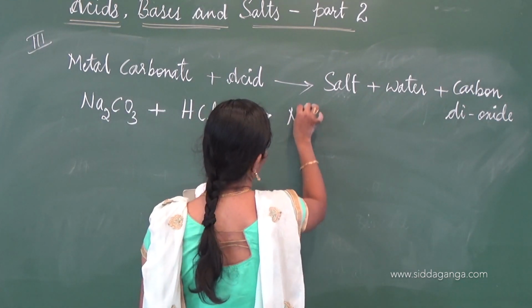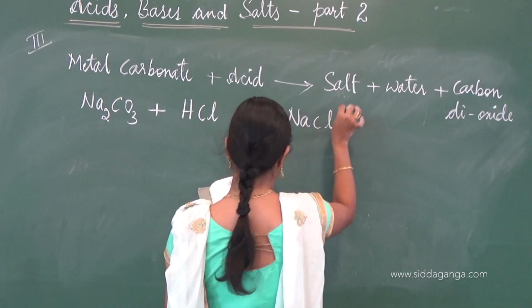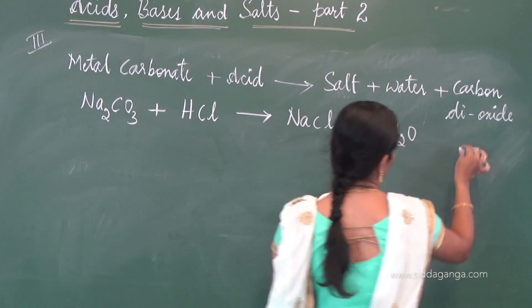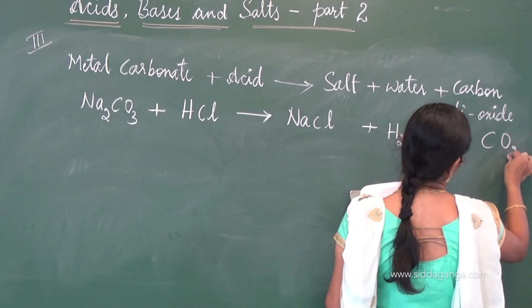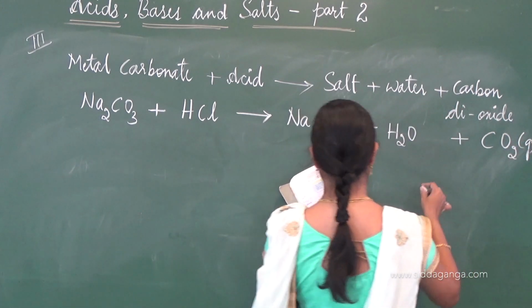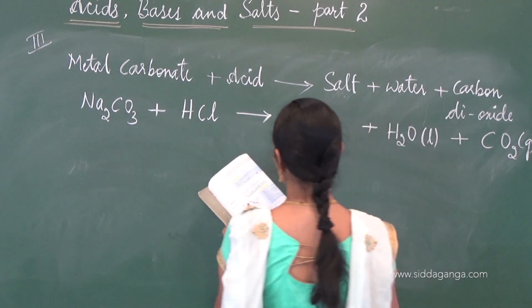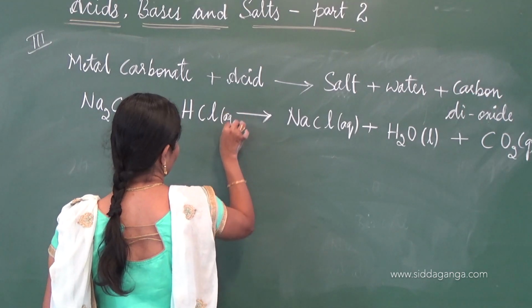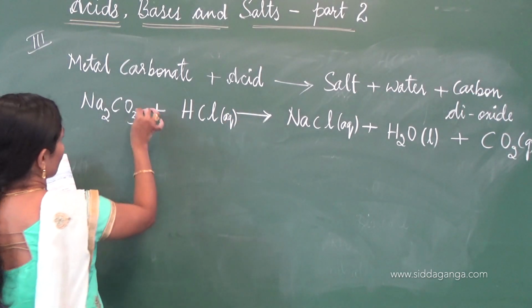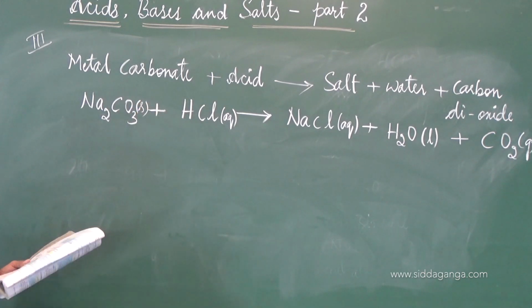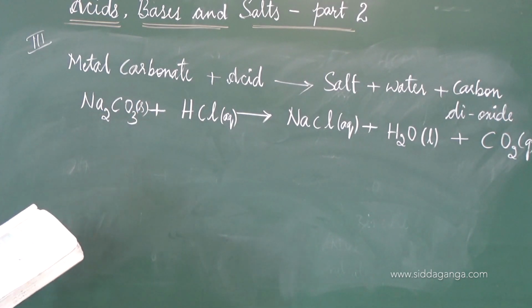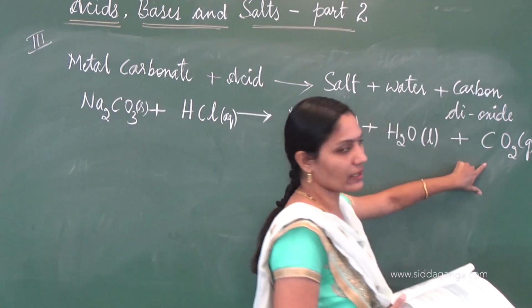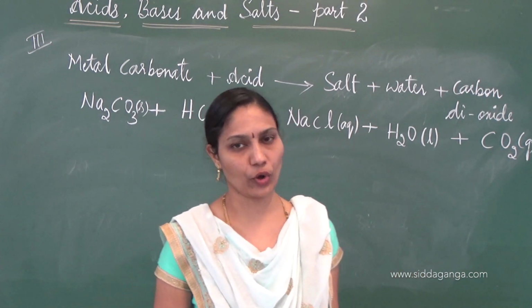The salt formed is NaCl, that is sodium chloride, plus water and CO2, carbon dioxide in its gaseous form, water in its liquid state, and NaCl in its aqueous state, hydrochloric acid obviously aqueous in state, and Na2CO3 was solid. Na2CO3 plus HCl gives rise to salt, that is NaCl is the salt obtained, water is H2O, and carbon dioxide in its gaseous state was formed.